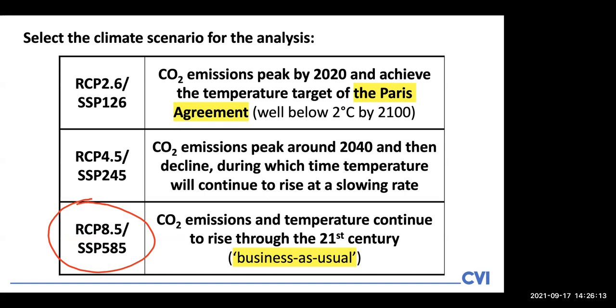When we're thinking about the effects of temperature changes, we can ask what are the projected temperatures for around the 2050 time frame using RCP 8.5 or SSP 585. That's the pathway that we want to choose for the application in this CVI workshop.